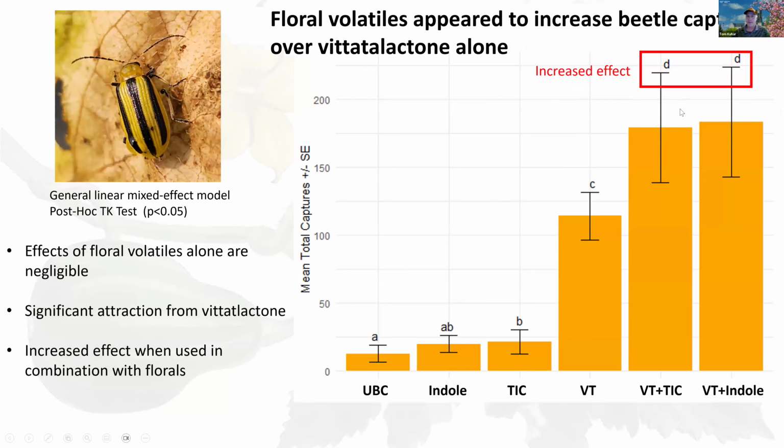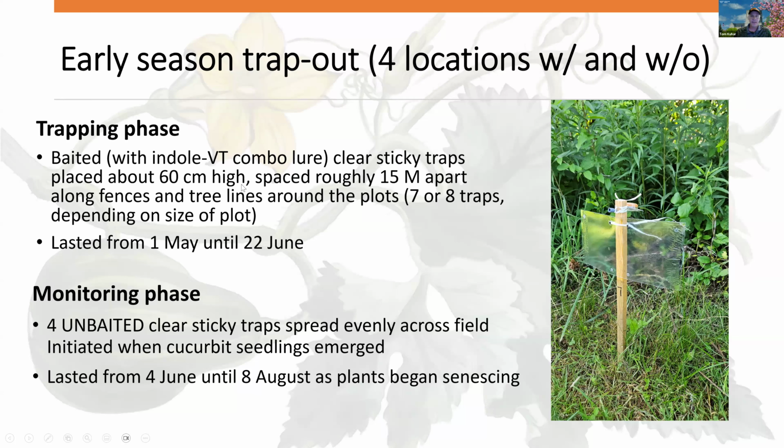There is a synergistic effect of that beetle pheromone, which can be produced in a lure, and adding things like indole, which is just a pretty cheap plant pheromone, and it really enhances catch. So that work's been done. So now where we're at with this is can we make an early season trap out, get rid of those beetles during that window, and then they're not around for the rest of the season.